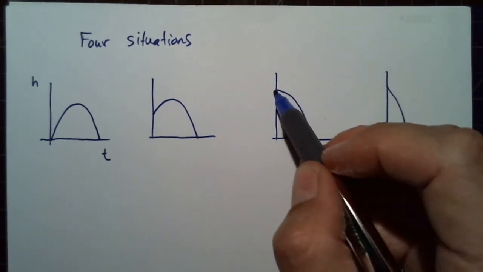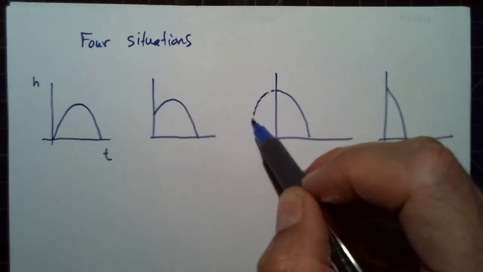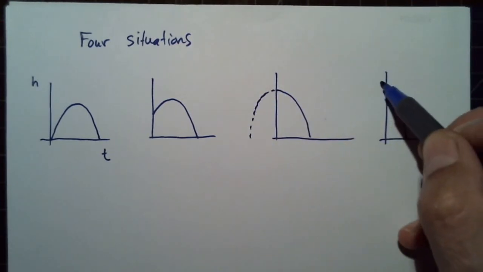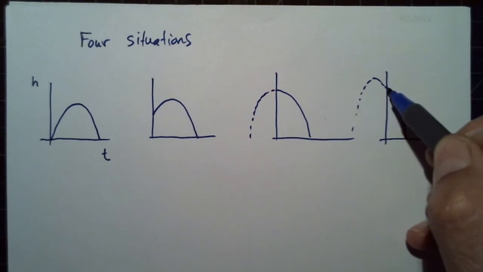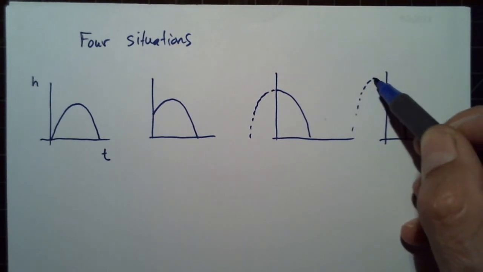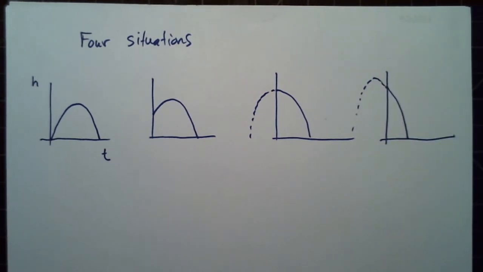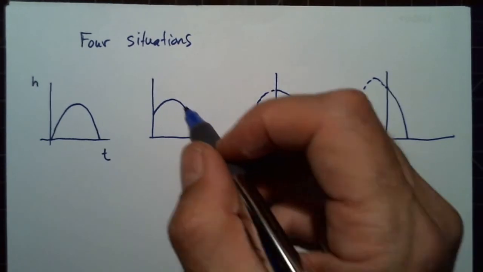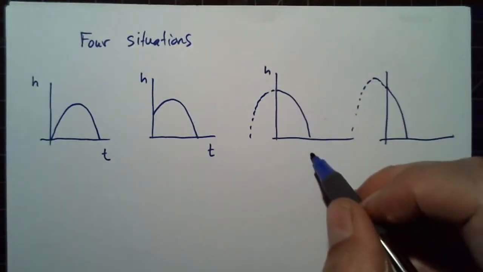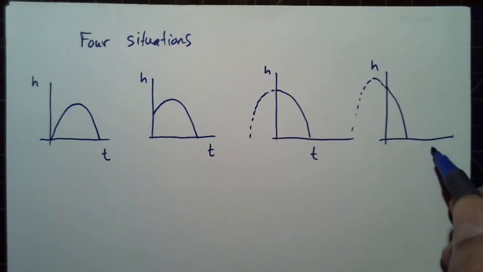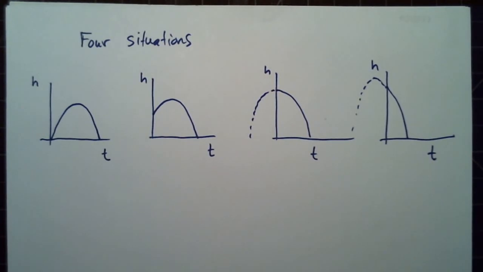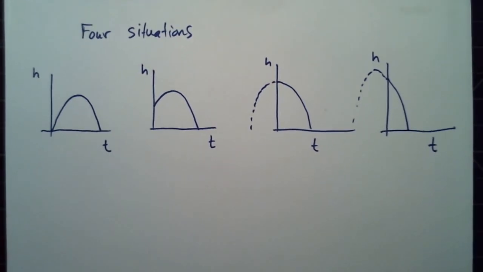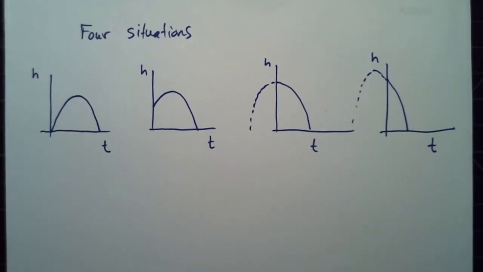Over here we'd say that that's the vertex of the parabola, and over here the vertex is not occurring over there. So these are all time, height, and we have to connect these situations to the vocabulary used in the questions.